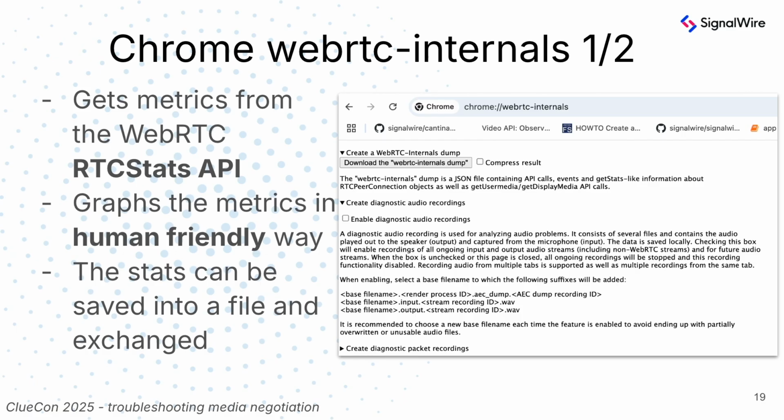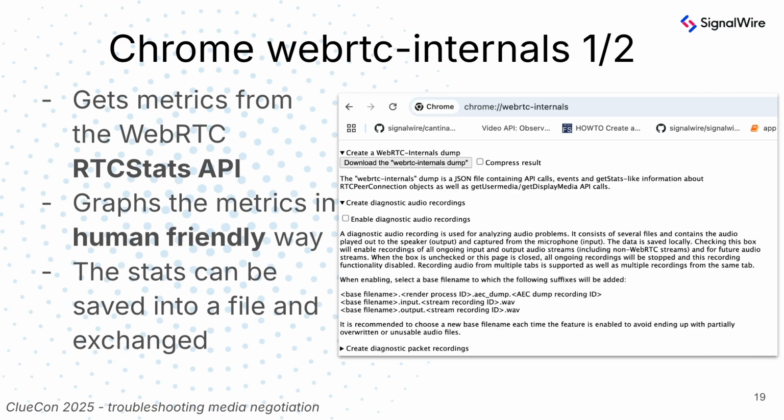They can be saved, but it's also able to extract the audio that is sent to the tab from WebRTC and record the audio files, which will take a lot of space on the disk, but it could be very useful, or even the diagnostics in the packets.